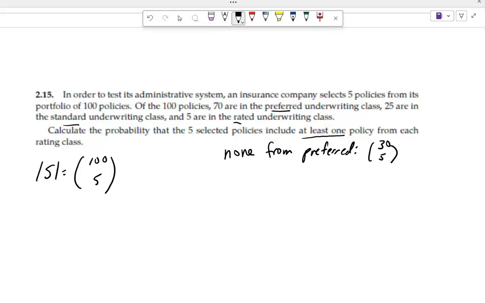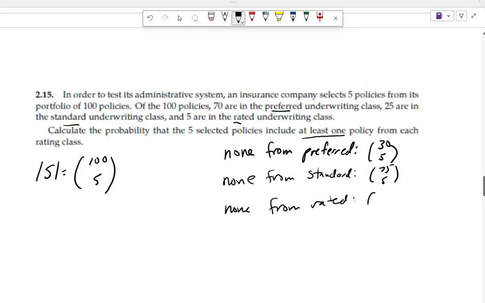Because we delete out the 70 that we're not going to choose from. That guarantees there are none from the preferred, right? Agree with that? If you want to do none from the standard, what would you have? 75 choose 5. And if you had none from the rated, what would you have? 95 choose 5.